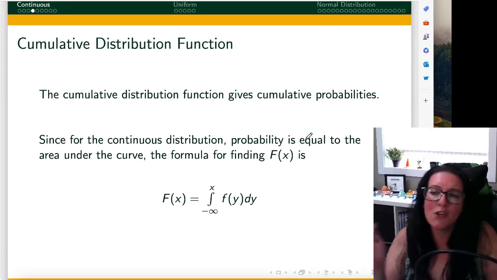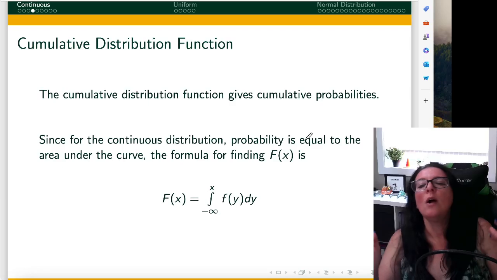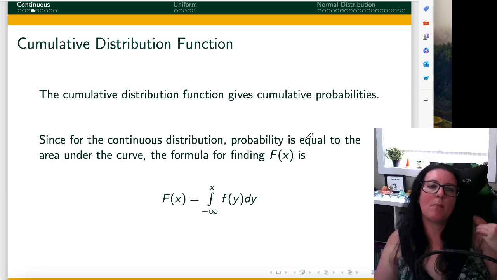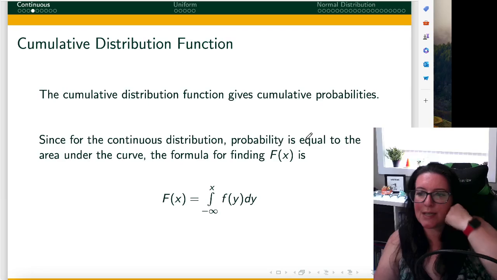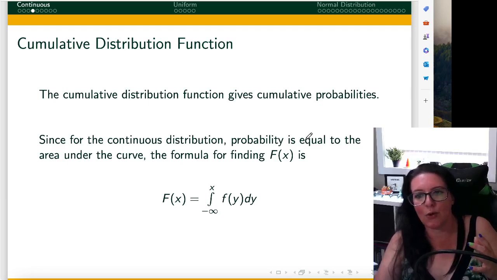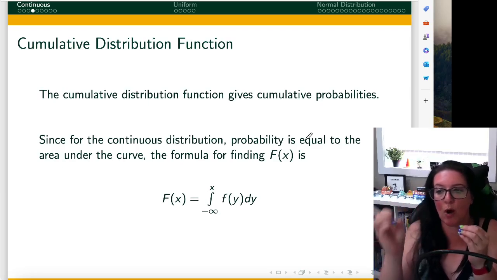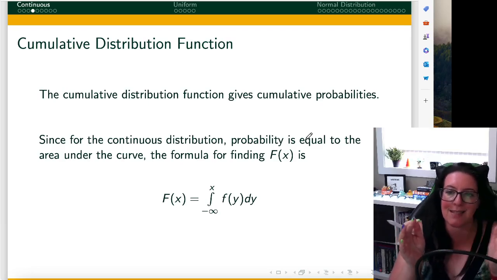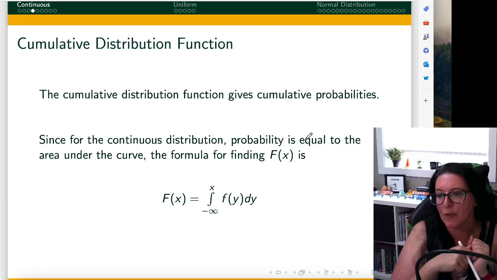Just like we talked about before, we can find a cumulative distribution function. Remember, a cumulative distribution function adds up all the probabilities that are below it, so it's going to go from 0 to 100% as we look at the probability of everything less than that particular number.